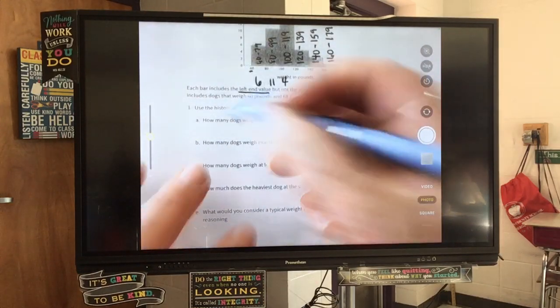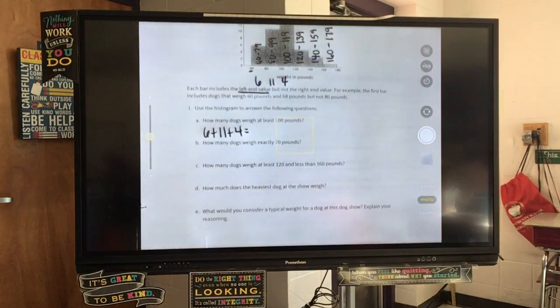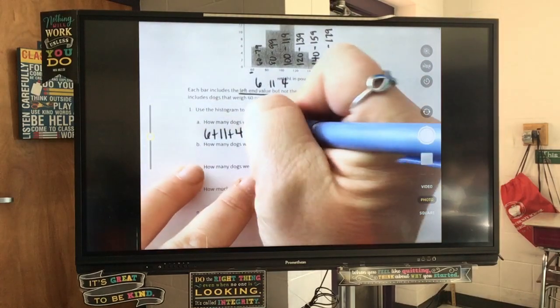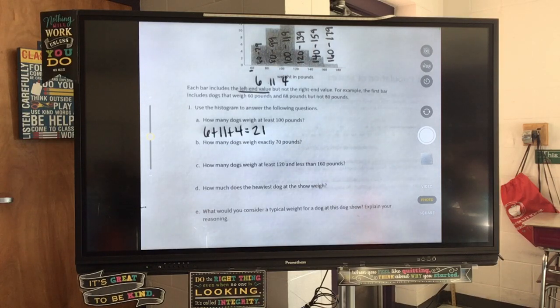I added all of them up. So you did 6 plus 11 plus 4. Why do we have to include all of these? Why are we not just doing the 100? Because it says at least. Right, so any dog before 100 up to 100 is included in this question.